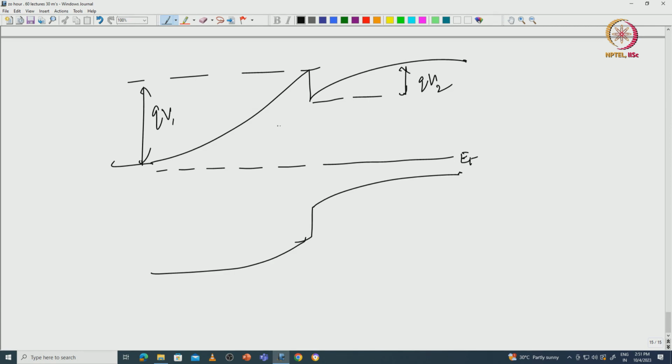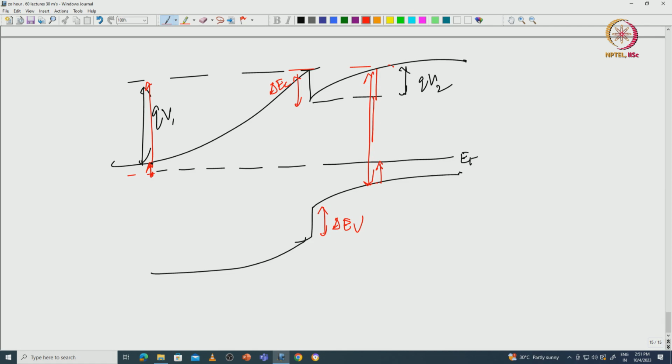Then, I will take the red color here, this is delta EC, this is delta EV. What I do is I start from the Fermi level and I go up by this quantity, then I go up by this quantity, so I reach this point. Then I go down by this quantity, or I can go down by the entire band gap here, and then I again come up by this quantity.